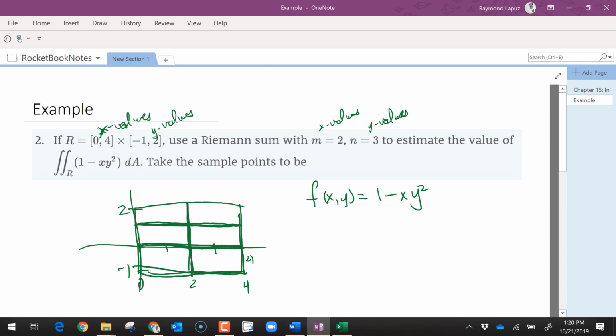So it'll look like this. So you guys each have a number. I'll number this 1, 2, 3, 4, 5, 6. Okay? So for each rectangle, I want the first group to use the lower left corner, group 1.